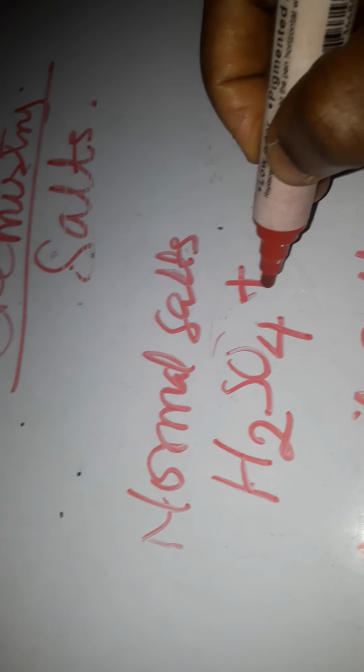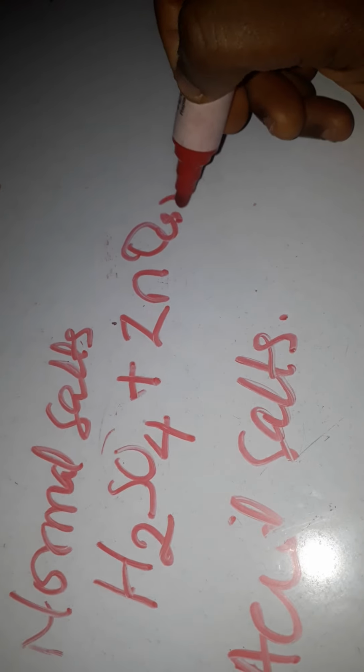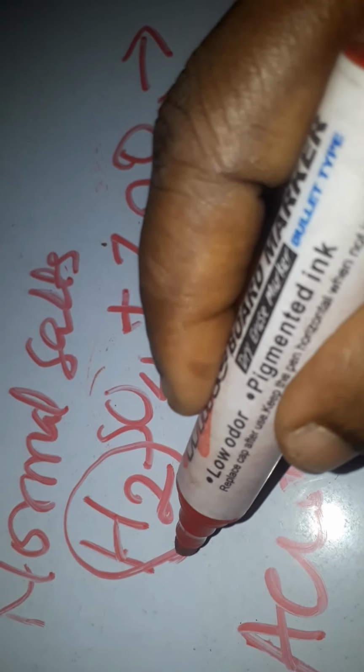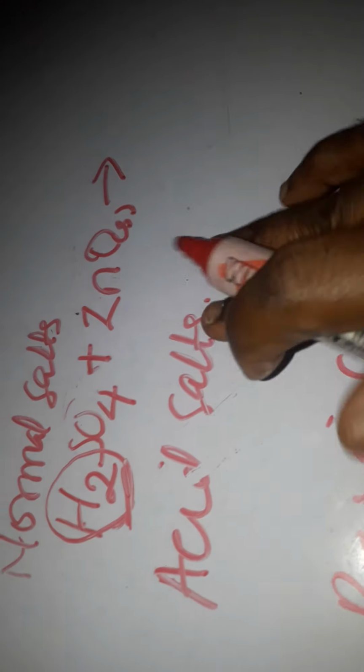This is an acid, tetraoxosulfate 6 acid, and this is also a base. In this case, this is not an alkali, just a base. Now, this is an acid and the basicity is 2, that is, it has 2 replaceable hydrogen ions. Now, when these 2 react together, let's try to break them into their ionic reactions.